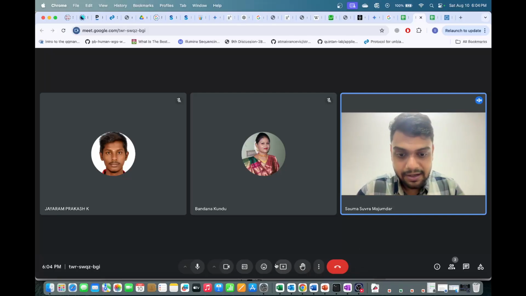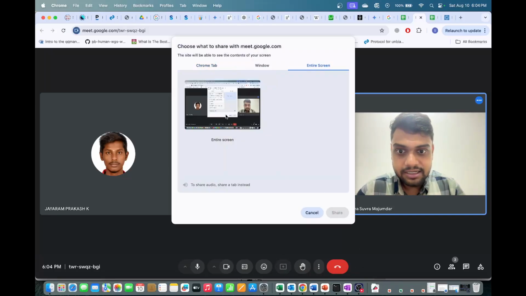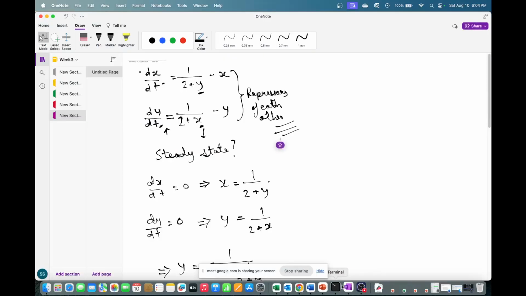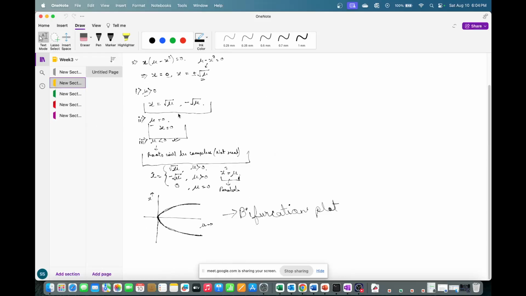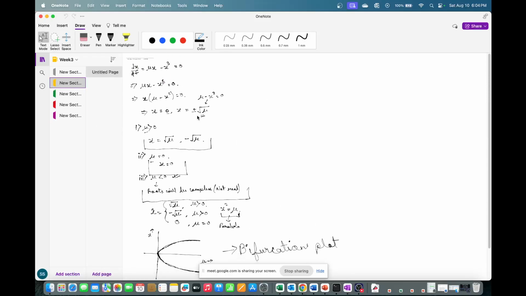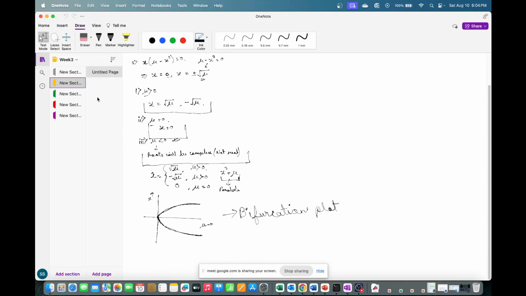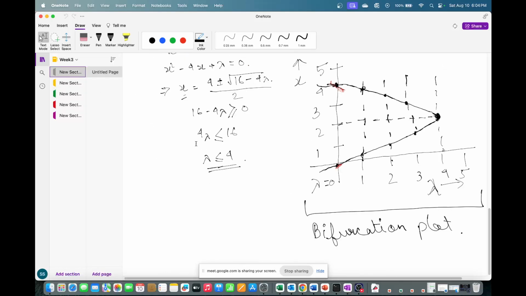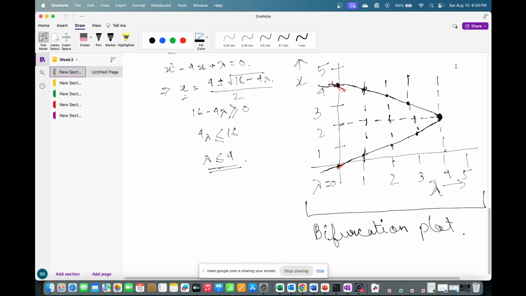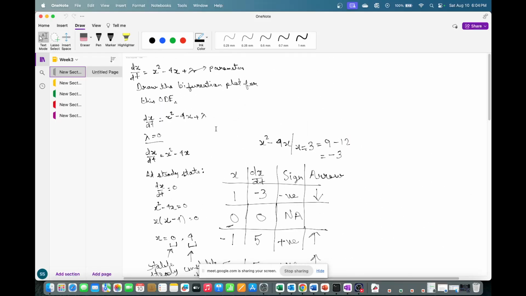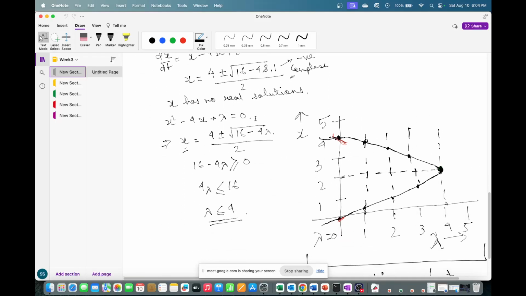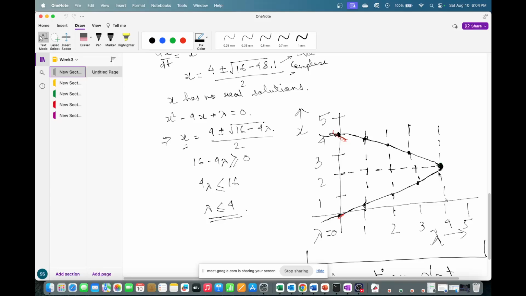For example, I'll just share my screen again. For this example that we did, at lambda equal to 4, this was the equation, if you remember, there is the bifurcation. At lambda equal to 4 there is one steady state.